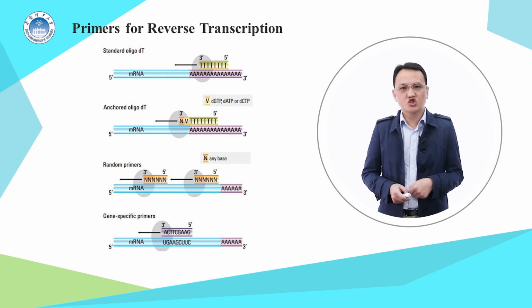Often, a mixture of oligo-dT and random primers is used. These primers adhere to the template mRNA strand and provide reverse transcriptase enzyme a starting point for synthesizing the cDNA.